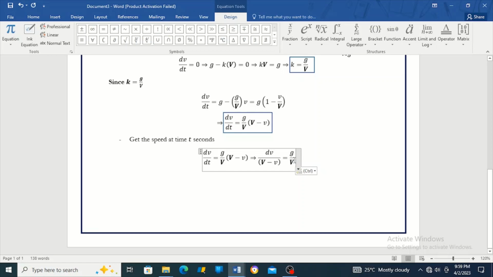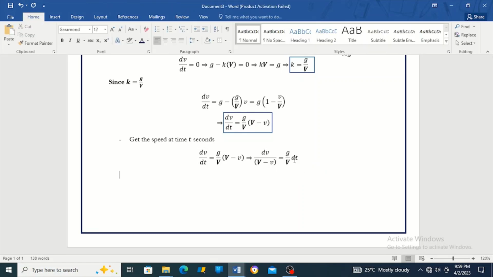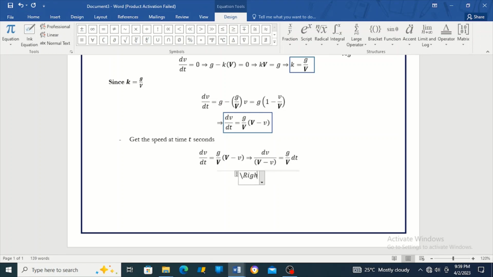So we have this, then we multiply it with dt. Now since I have separated variables, I can now integrate both sides. I have dv divided by capital V minus small v equal to g divided by capital V times the integral of dt.